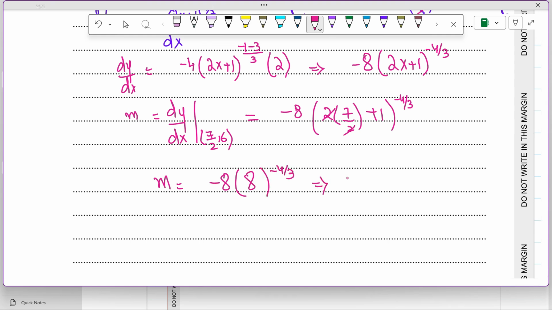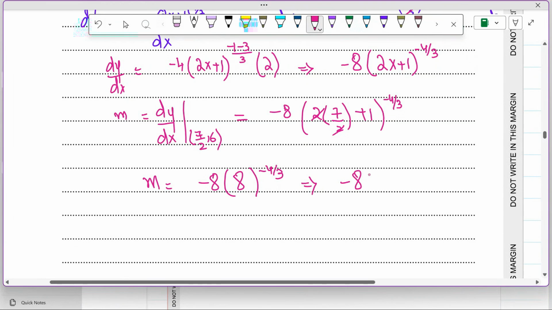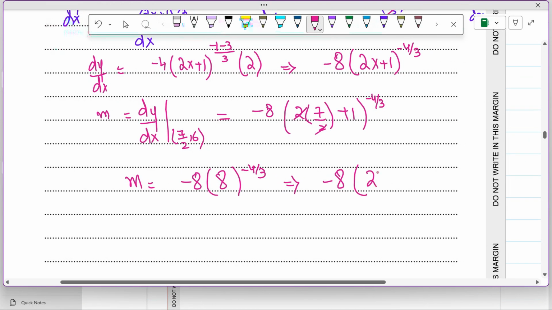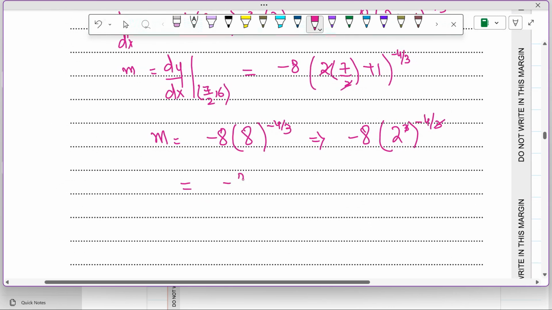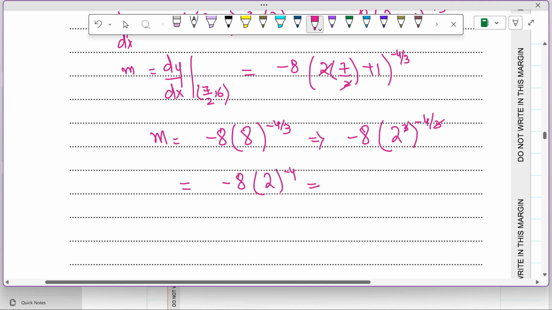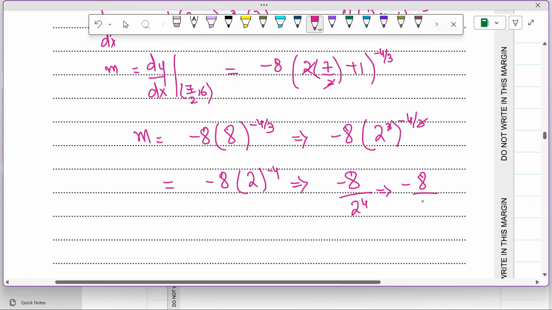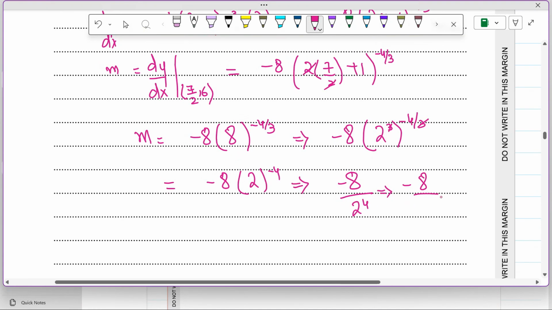Now 8 can be written as 2 cubed, so 8 to the power of negative 4 over 3 is (2 cubed) to the power of negative 4 over 3. The cube and the 3 cancel out, giving negative 8 times 2 to the power of negative 4, which is negative 8 over 2 to the power of 4. 2 to the 4 is 16, so this is equal to negative 1 over 2.